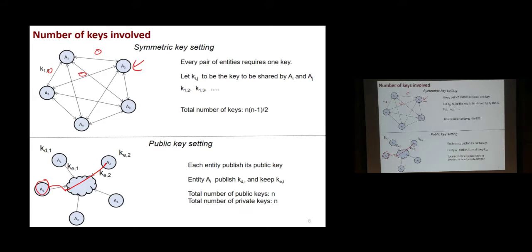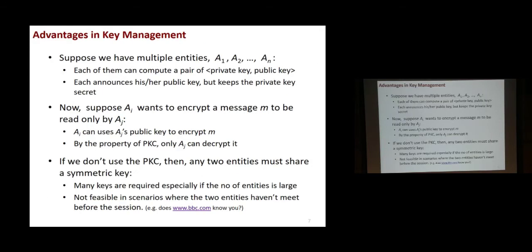Although this is always cited as the main motivation of public key, it turns out this is not the most important one. The most important one is this part. If we use public key, we can establish communication even if these two don't know each other.